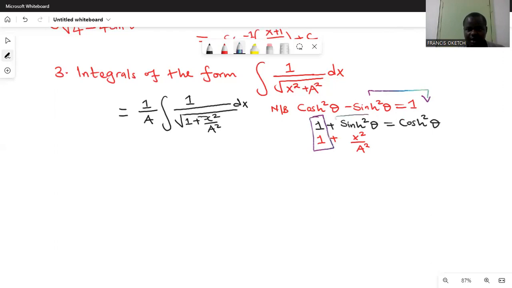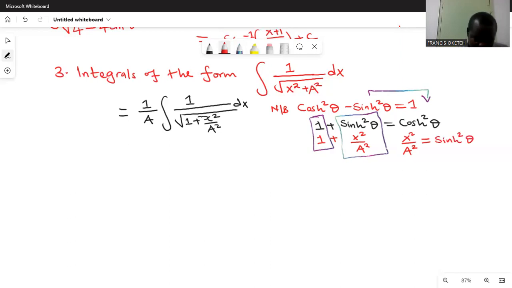So we can as well say that x squared over a squared should be equal to hyperbolic sine squared theta.